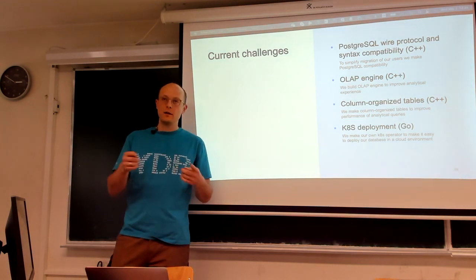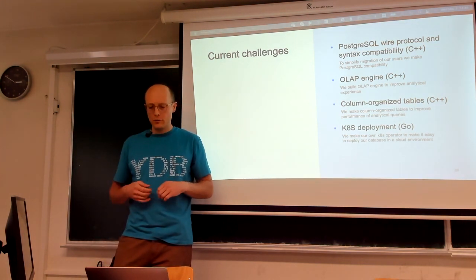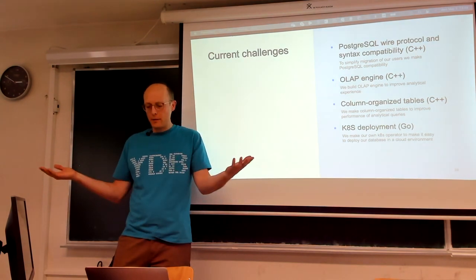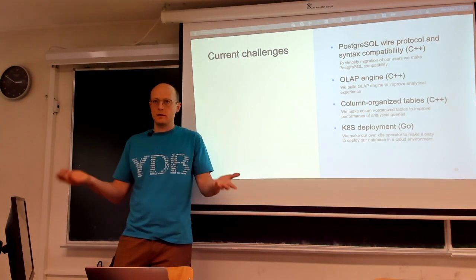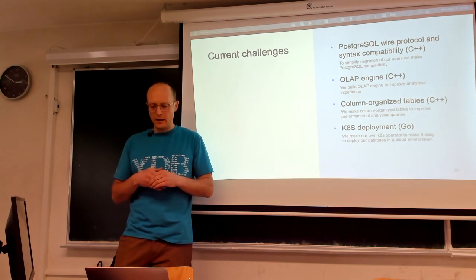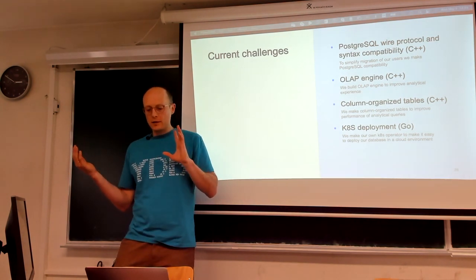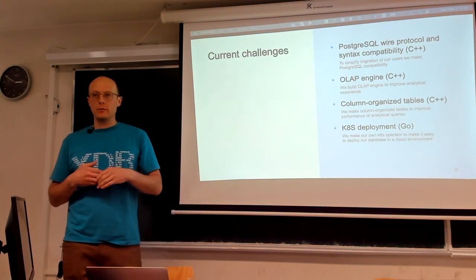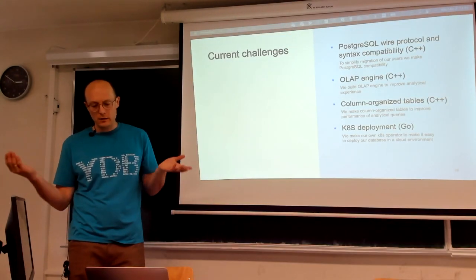So now we are adding analytical support to allow people to run joins with tables of almost any size, with aggregations of any complexity. And this we are going to release by the end of this year in the form of a benchmark with some popular analytical systems.